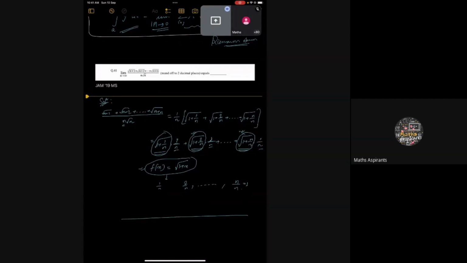We have an interval 0, 1 by n, 2 by n, 3 by n, up to n by n, which is nothing but 1. So it's a uniform partition. By uniform partition, I mean each of the subintervals has the same length, 1 by n.